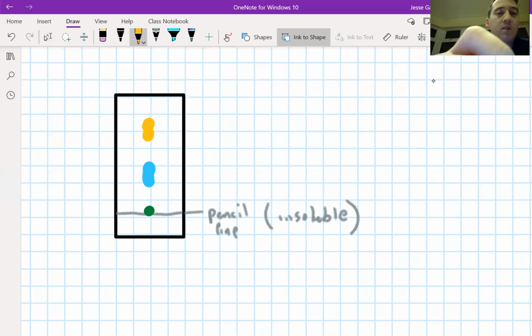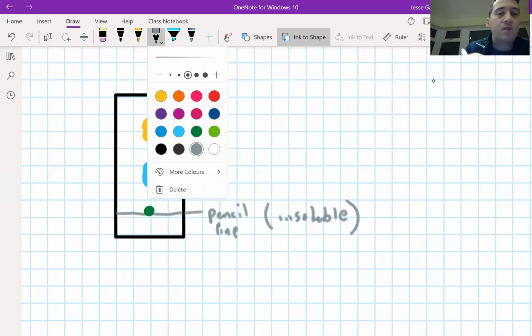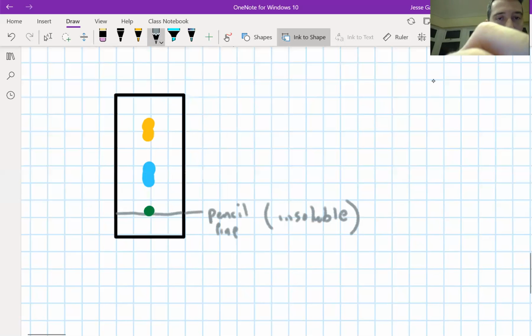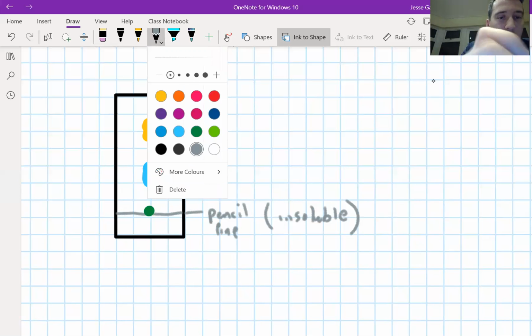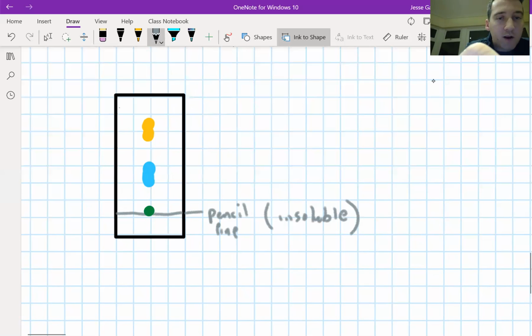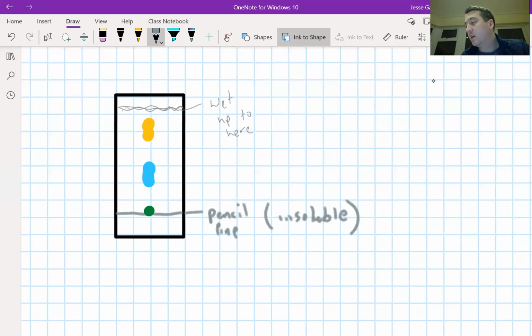And what will it look like? Well, it will be wet up to about here. And we'll make this a really thin line, okay? So it'll be wet up to about here. And that's how you know when to stop. When you can see the water line where the water's traveled up near the top of the paper, that's when you know where to stop, okay?